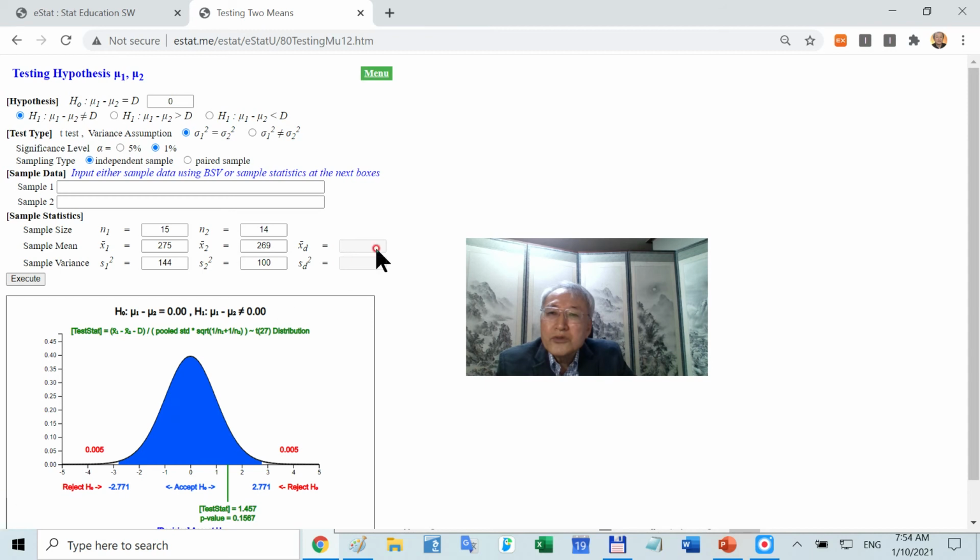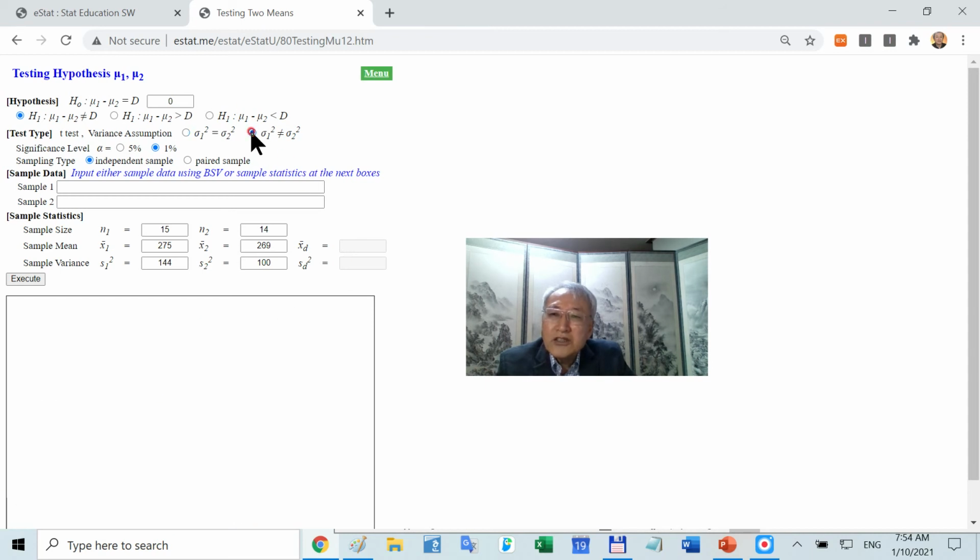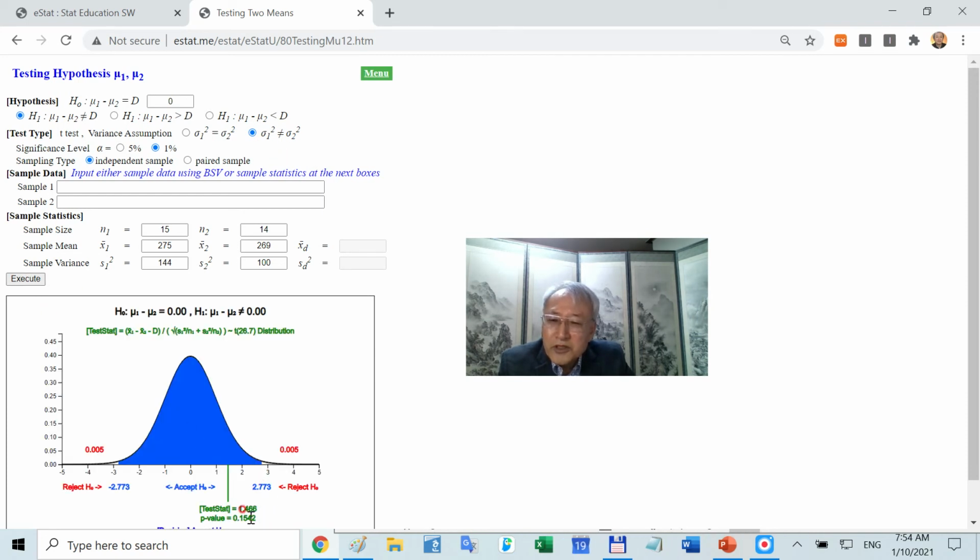Suppose you select the variance assumption as not equal. Then you have almost the same thing but slightly different, right?